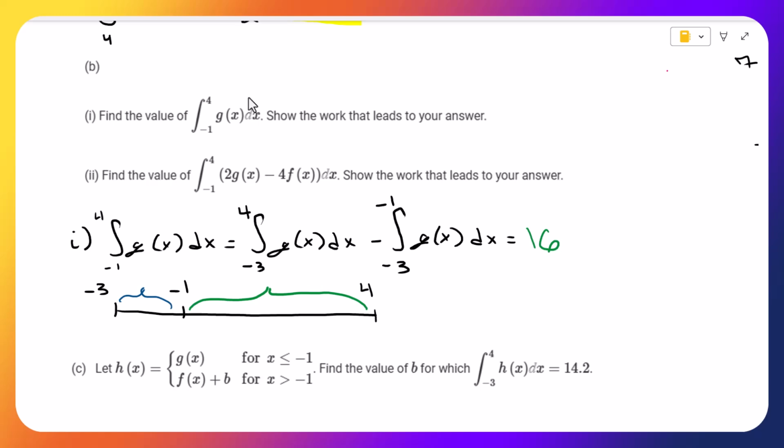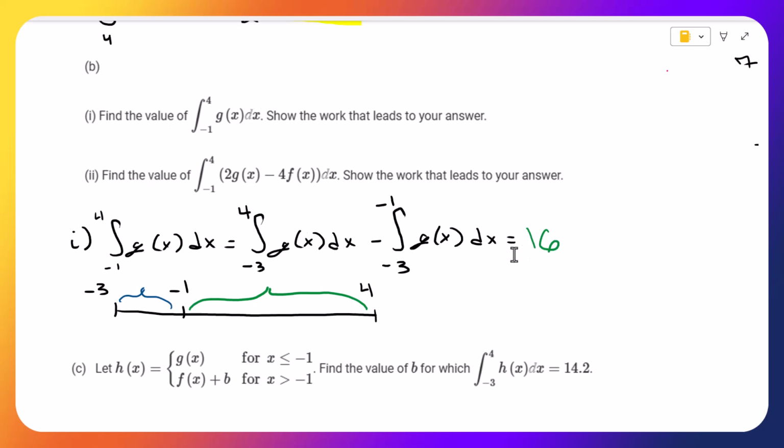And let me make sure I'm on track with where our points go. So this right here, it's tricky to decide where our points go.